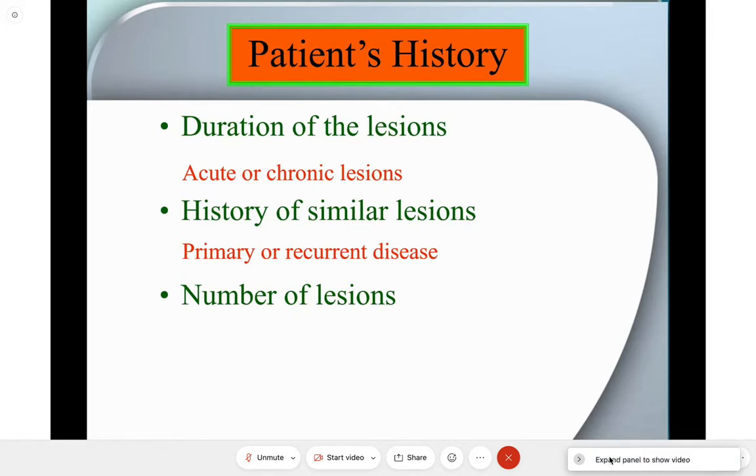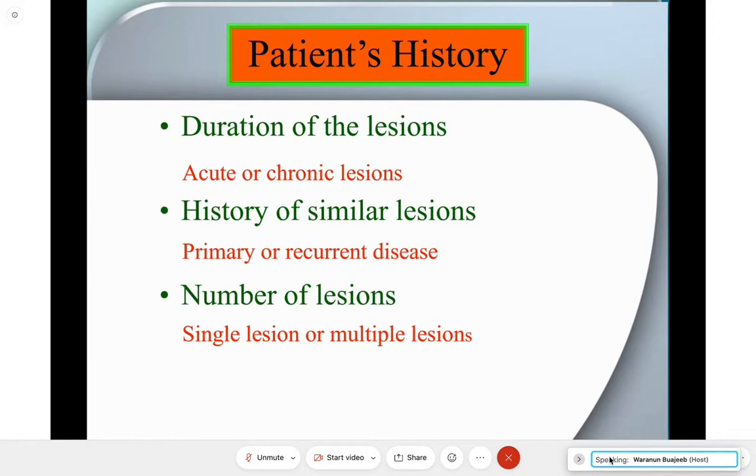If the patient has a history of similar lesions, that should be recurrent disease. But if no history, you can classify it as primary disease. And the number of lesions, just single or multiple lesions.